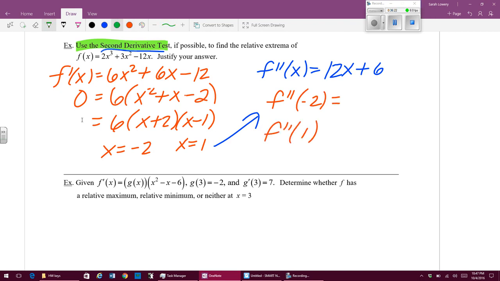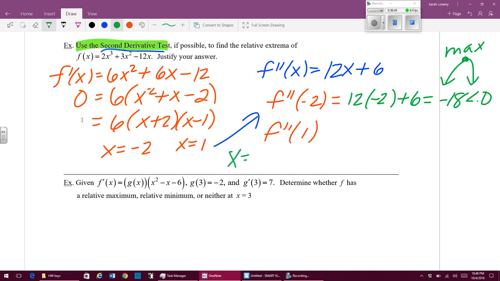If I know the sign of the second derivative, I can determine if it's a max or a min. So 12 times -2 plus 6 gives me -24 plus 6, or -18. That is less than 0. That means that the function is concave down. Concave down means that this point is a max.